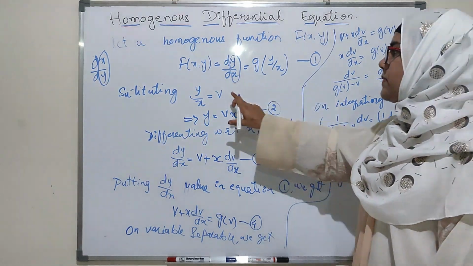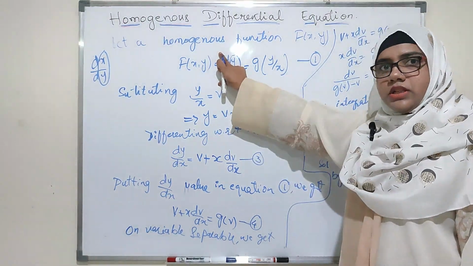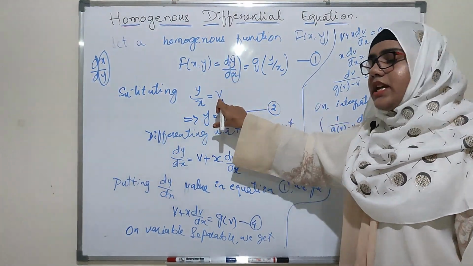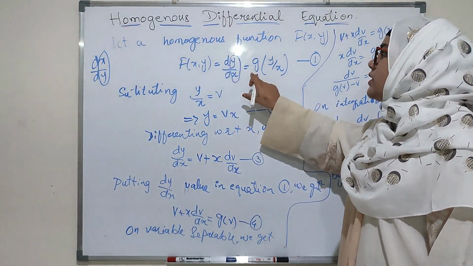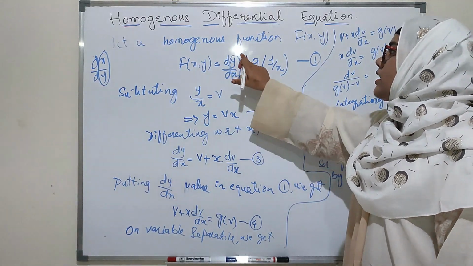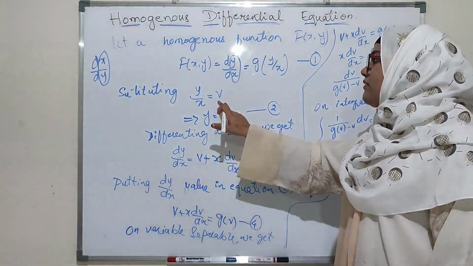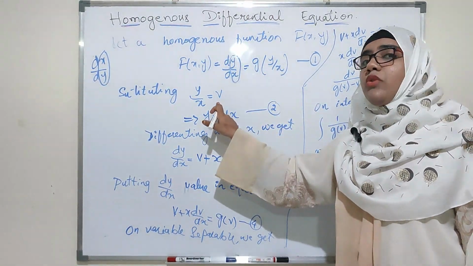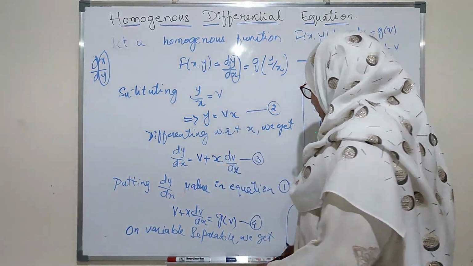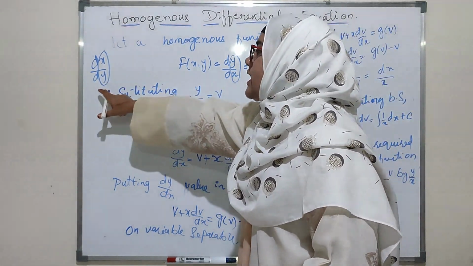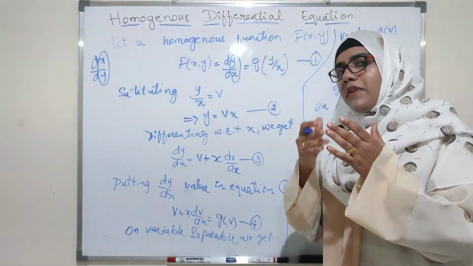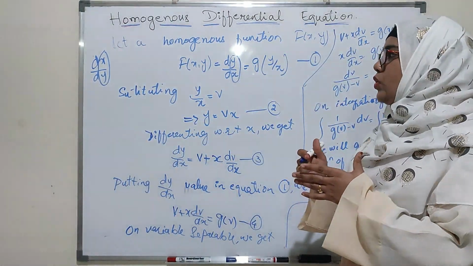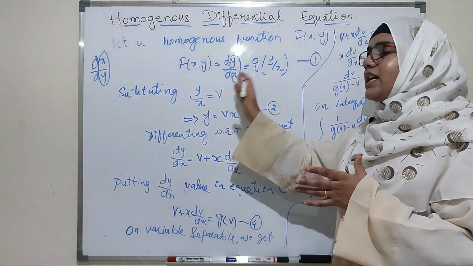Here the first step is the given question. The second step is we take y by x as v. Here we have dy by dx equal to g of y by x, that's why we take v as y by x. If the question is given as dx by dy equal to g of x by y, then we have to take x by y as v.